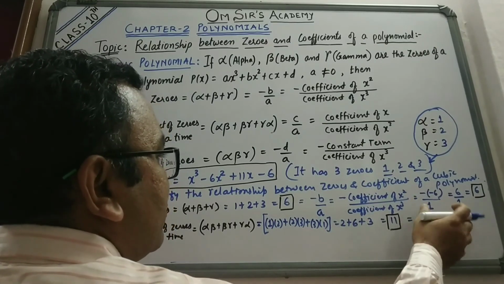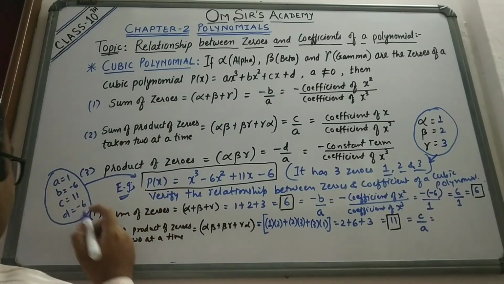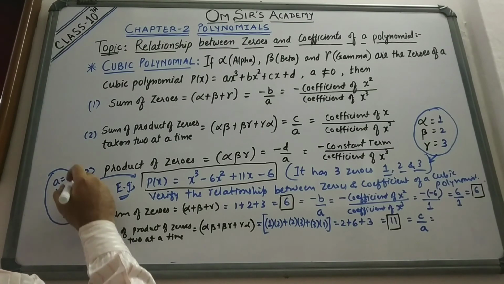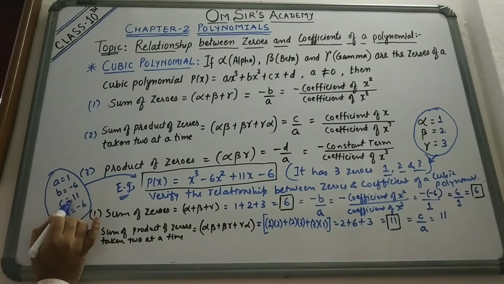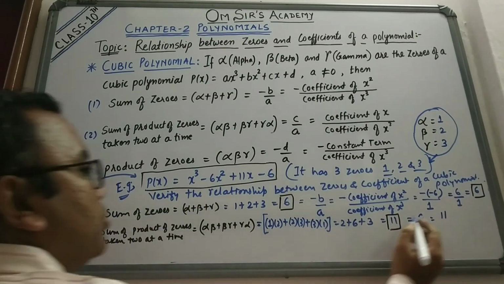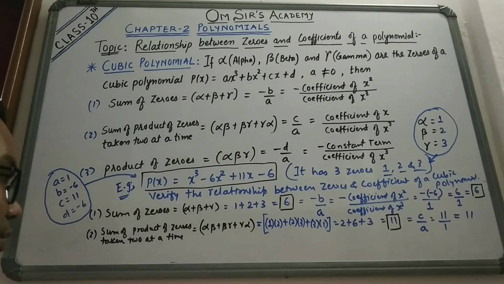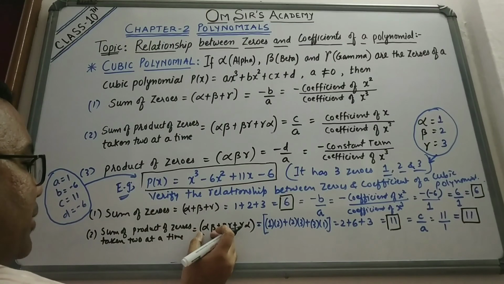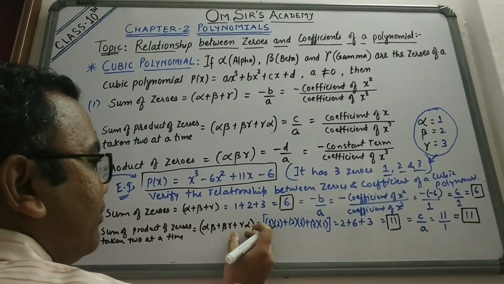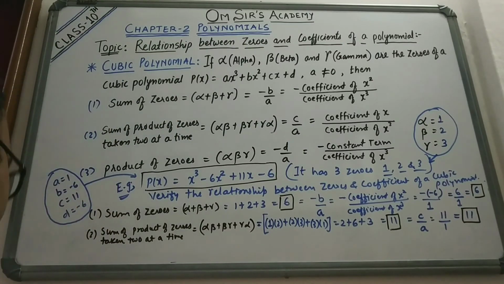I am not writing the whole term over here, I am directly writing c upon a, that is 11 upon 1. C is my 11, and a is 1. So 11 upon 1 is 11. So these also are equal. So alpha beta plus beta gamma plus gamma alpha is equal to c upon a, 11 is equal to 11.